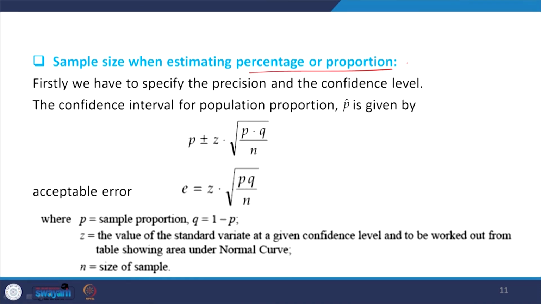The value of the standard variate at a given confidence level is to be worked out from the table showing area under the normal curve. When you convert that through a normal curve, it is very challenging, and accordingly a different formula is applied. If P and Q are there, the standard Z distribution is tricky to determine. If that is determined, then we can define accordingly.